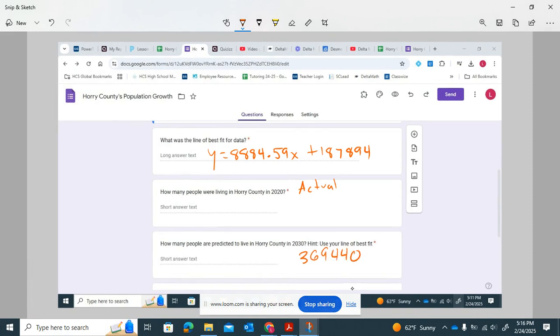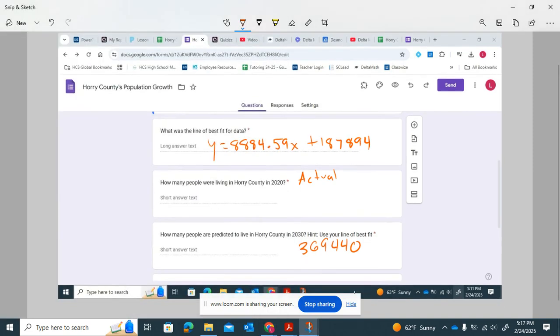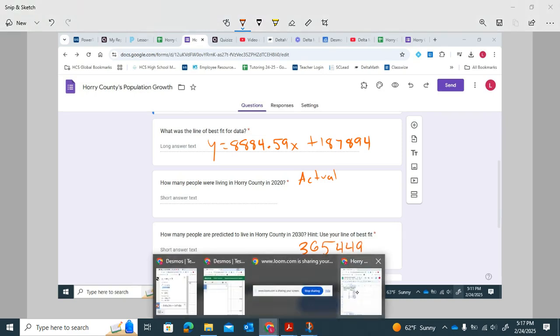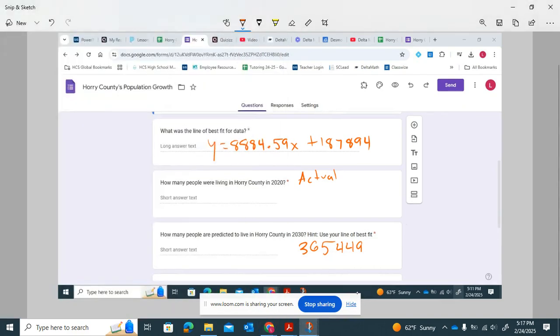I was way off at first, but it's 365,449. I also just wrote it in the wrong blank. That's an actual data point.